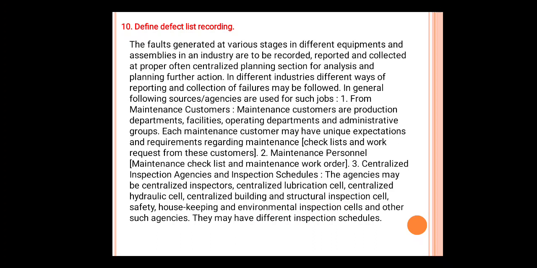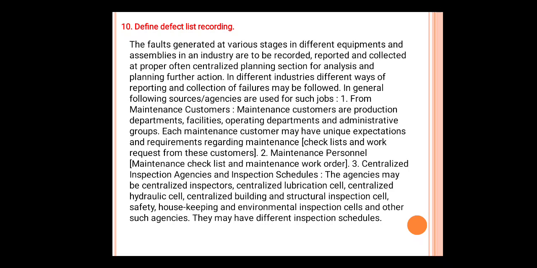define defect list recording. Okay, how that recording can be done, that defect lists. What is the use of listing, that all things come under this one. The explanation regarding this question is, the faults generated at various stages in different equipments and assemblies in an industry are to be recorded, reported and collected at a proper, often centralized planning section for analysis and planning further actions.